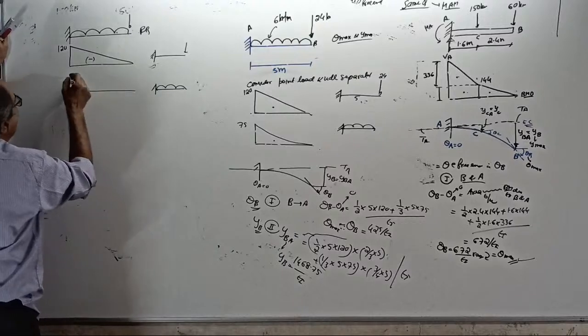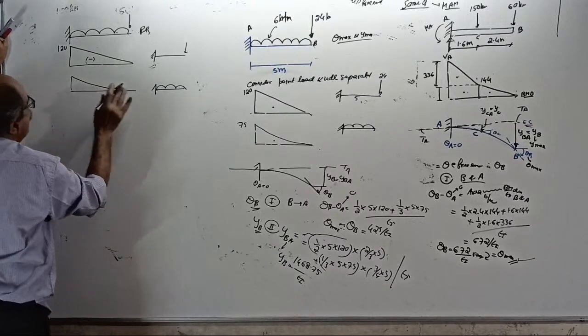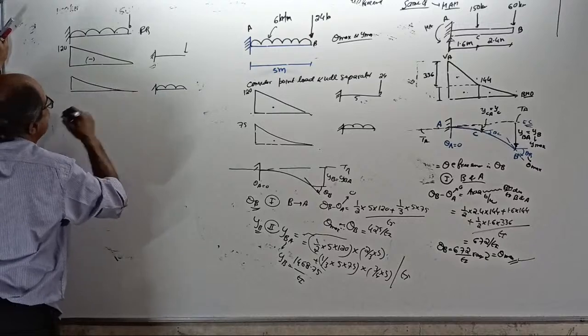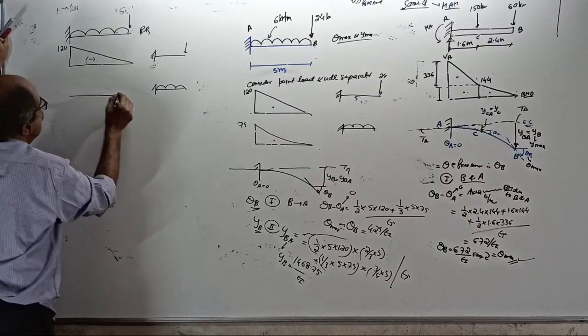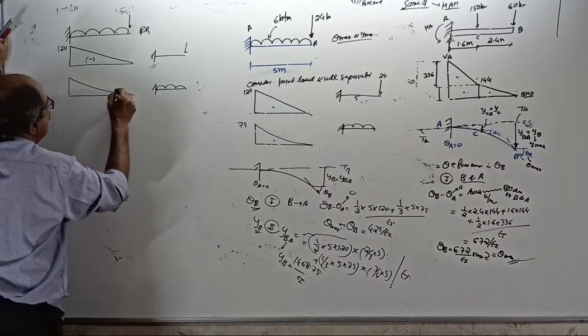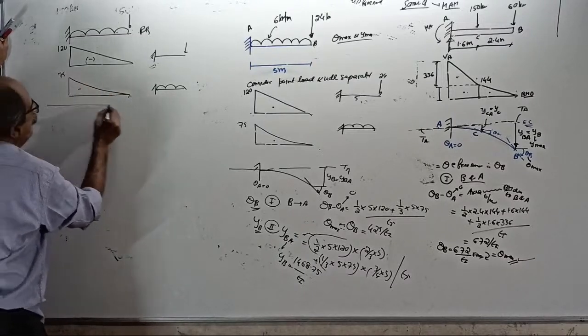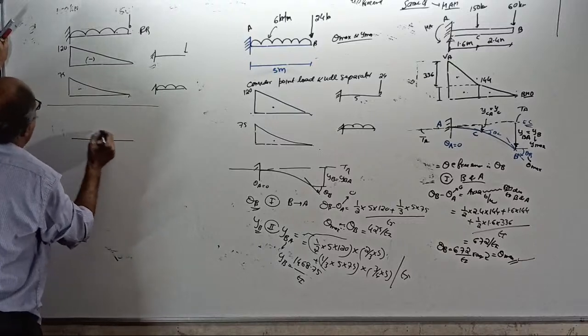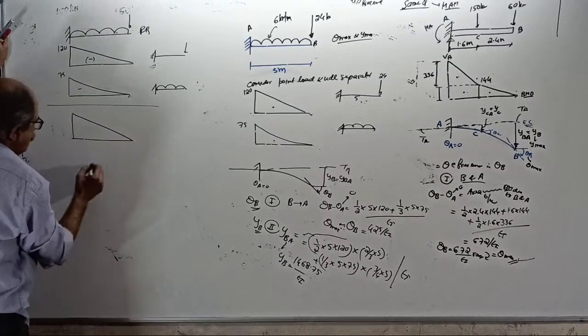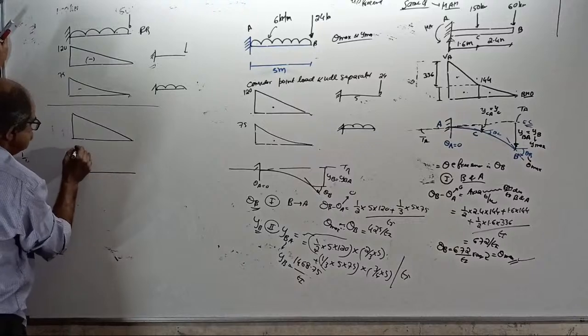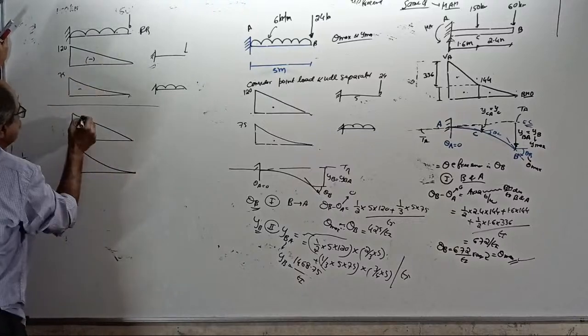One more diagram will come this way, a parabola: 75, minus. Now, draw the BM by EI diagram. Minus means upward.